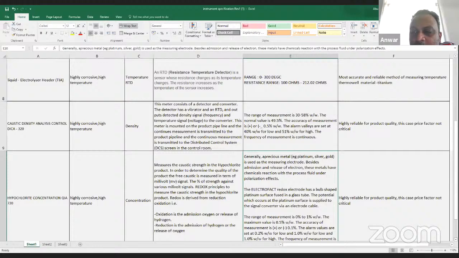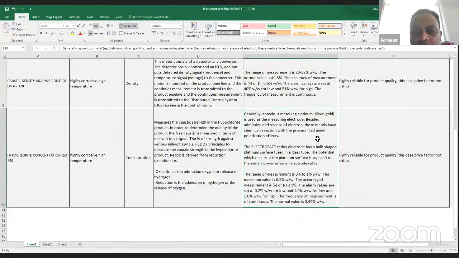It goes by electrochemistry to give you the output reading, by having a redox potential from these electrodes, and it will convert into an electrical signal.